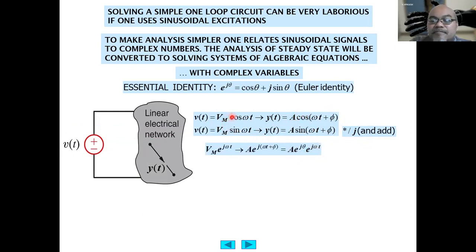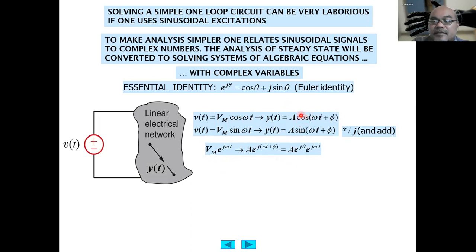So for Vm, also Vm exponent j omega t. Here we will be adding, so it will be Vm cosine omega t plus Vm j sin omega t. So it becomes Vm exponent j omega t. This part becomes A exponent j omega t plus phi.